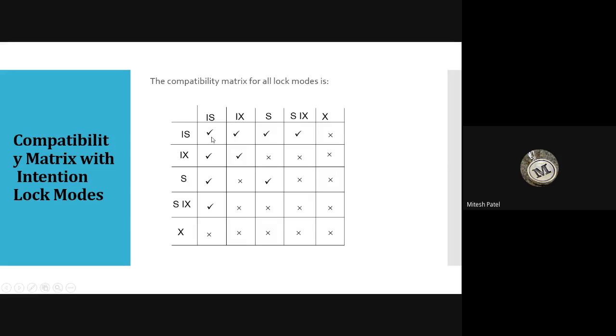There is one shortcut to remember this. In the first row, you can put 4 true. It means these are compatible. IS compatible, IX compatible. True means compatible. X means not compatible, which means false. So the first 4 in the row are true, and in the first column 4 rows are true, and then diagonally 3 are true.